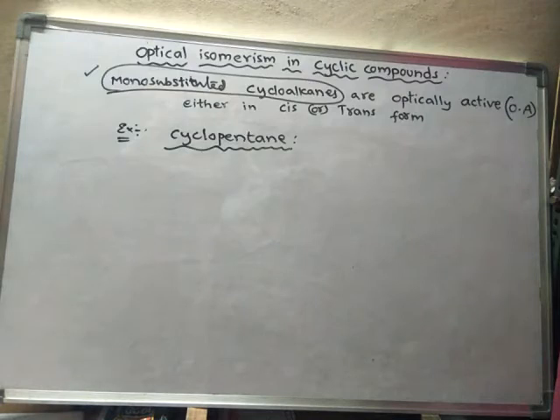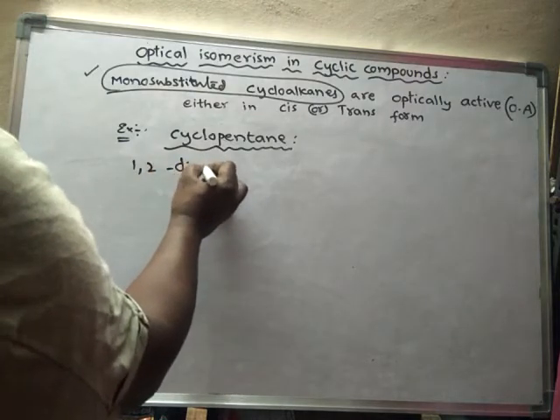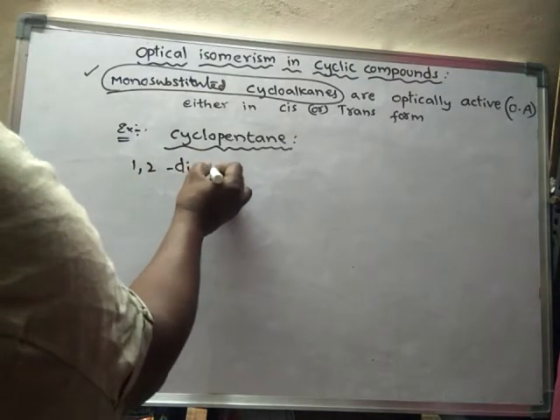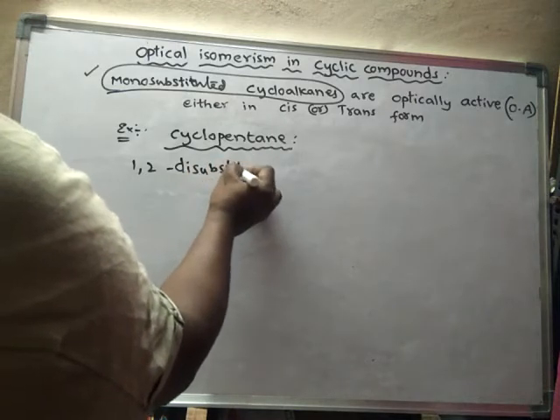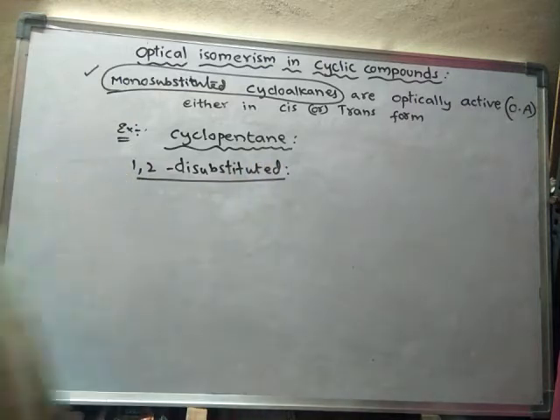First we learn about 1,2 disubstitution in cyclopentane. 1,2 disubstituted cyclopentane.